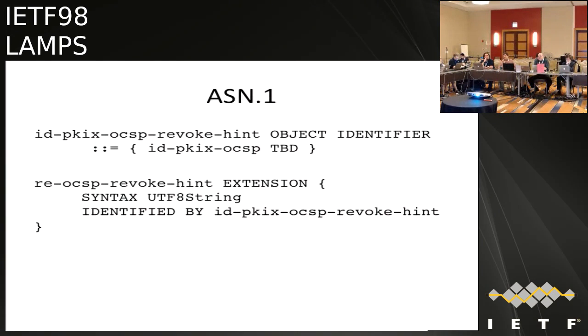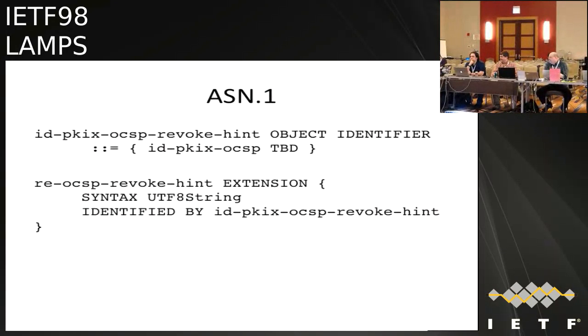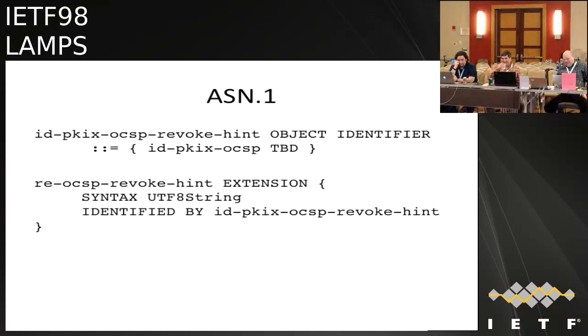And the only intent of the UTF-8 string is to be displayed to the recipient of such an OCSP response. Only valid on a revoked response. Jim, other than the colon equals, what's wrong? That's it. Okay. All right.